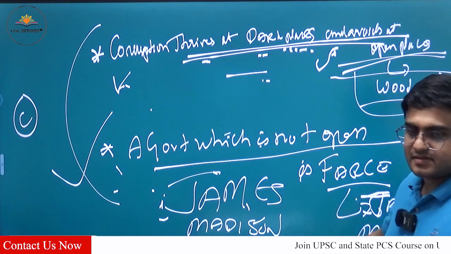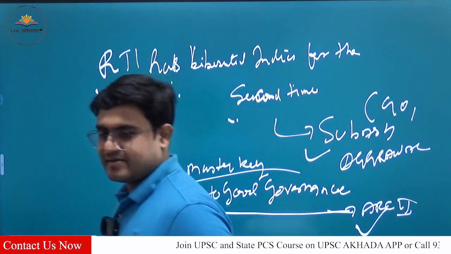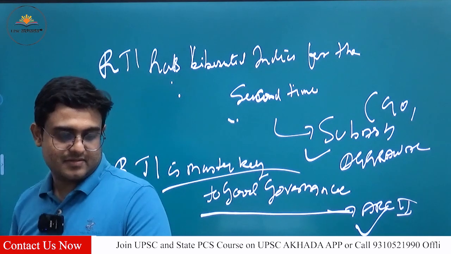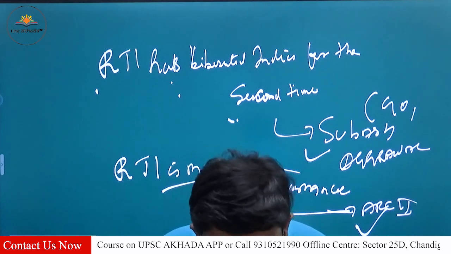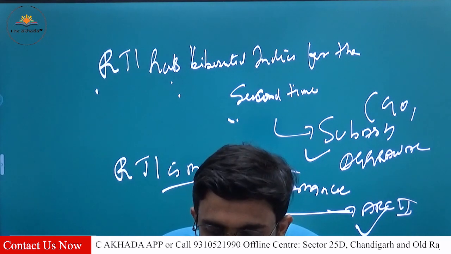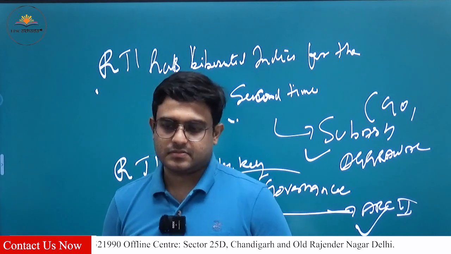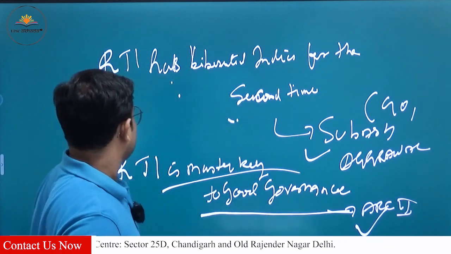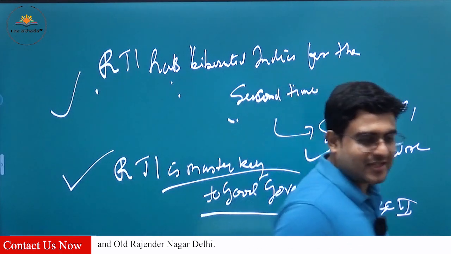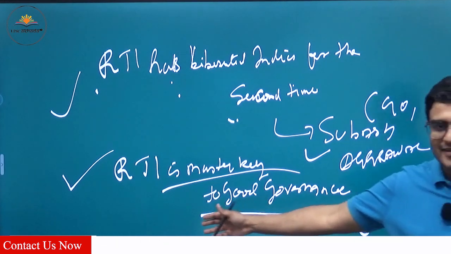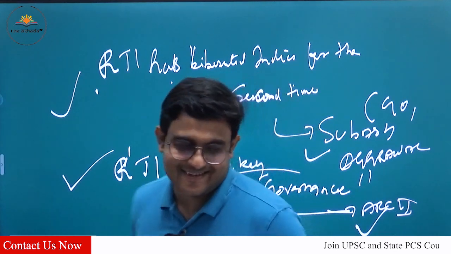RTI has liberated India for the second time. Subhash Agarwal has filed more than 90,000 RTIs. RTI is a master key to good governance. When a question comes on good governance and RTI, you write this; or the question may say RTI is a master key, analyze.